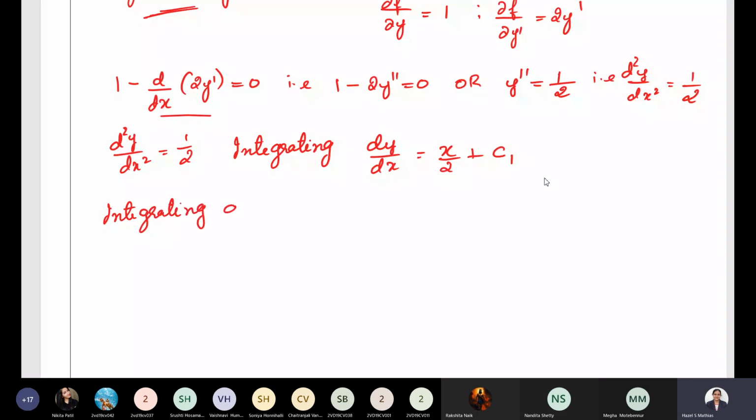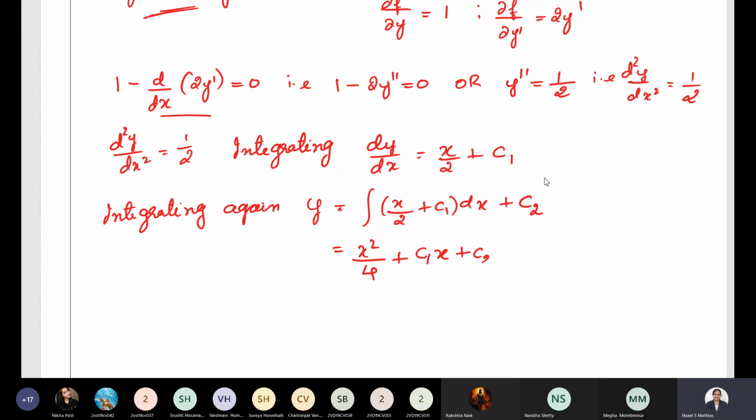Integrating again, we get y, the integration of x by 2 plus c1, and the constant c2. Integration of x is x square by 2, so we get x square by 2 into 2, it will become 4, plus integration of c1 with respect to x is c1x plus c2. So this is our y.